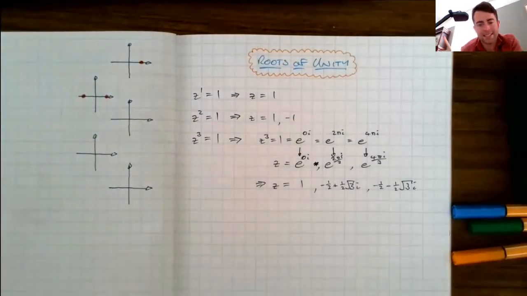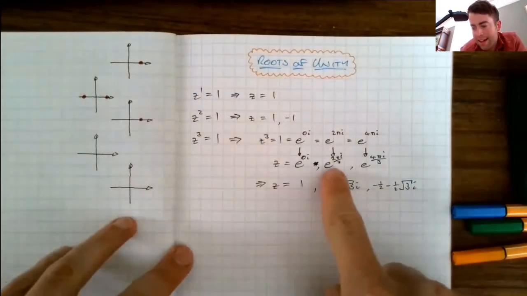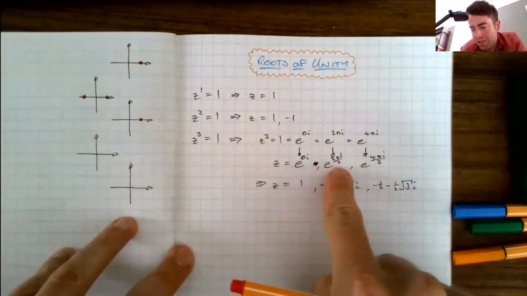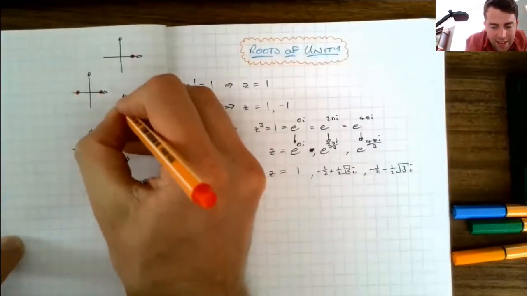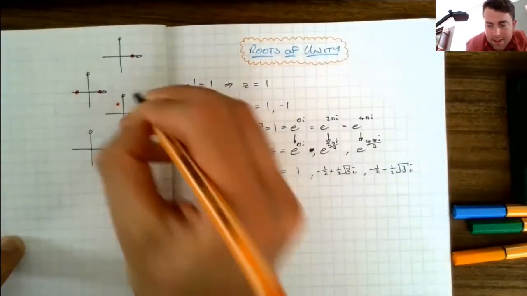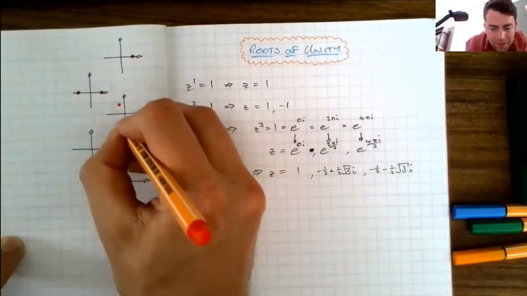Where are those located? We've got the number 1, and then 2/3 pi around, that is over here, and 4/3 pi around is here.